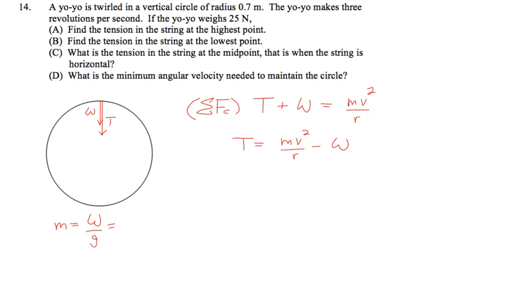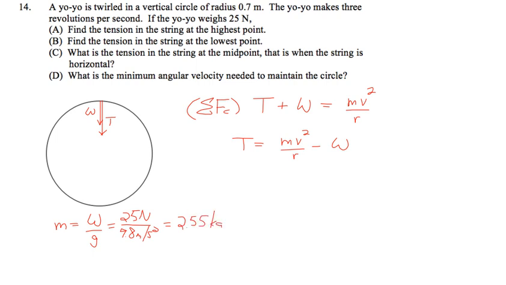So that's going to be 25 newtons divided by 9.8 meters per second squared. And what's 25 divided by 9.8? 2.55 kilograms, all right?